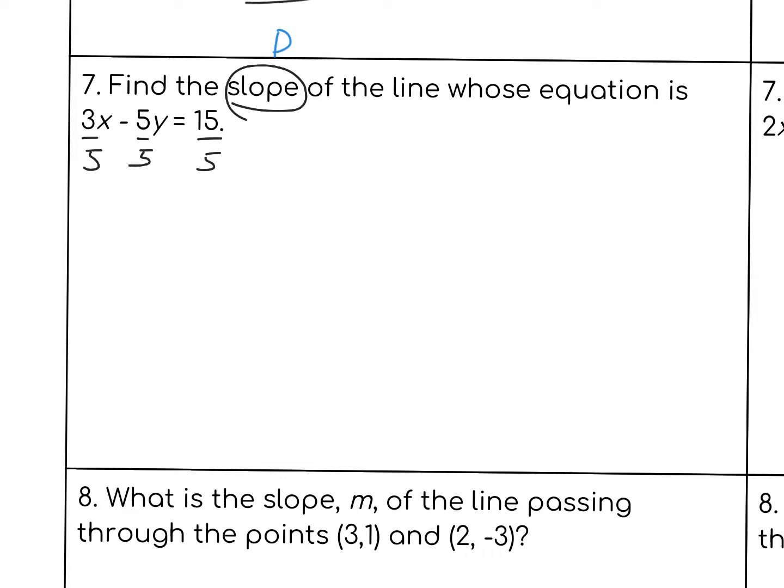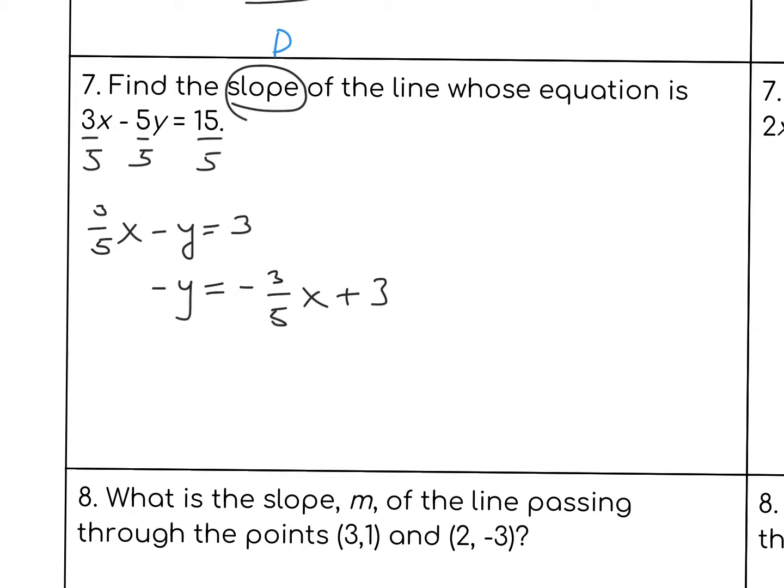So the first thing I'm going to have now, I'll have 3/5 x minus y equal to 3. Okay? Now, the next step you would have to do is move this 3/5 x over to the other side. But what happens here is I'll have negative y is now equal to negative 3/5 x plus 3.